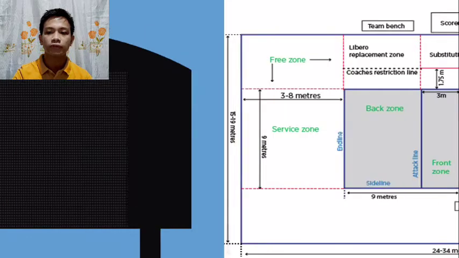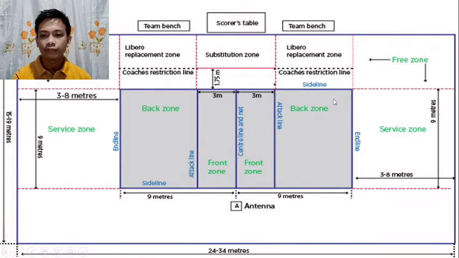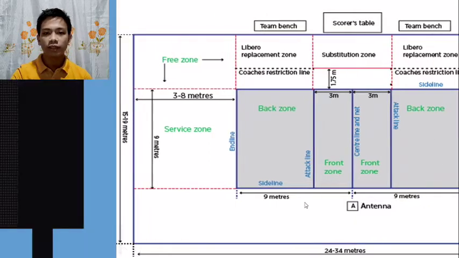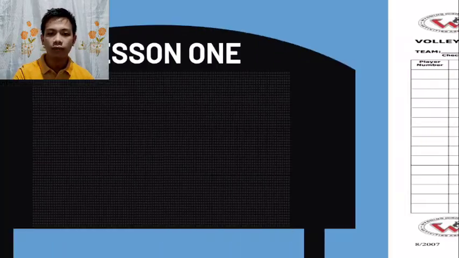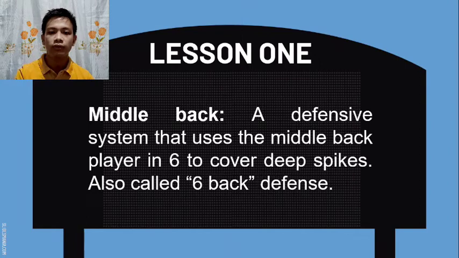Where's the court? Ito. Diba dito yung 1, 2, 3, 4, 5, 6. Etong 1, 6, and 5, sila yung nasa back court row. So, middle back. But for the middle back, si number 6 yan, nasa gitna. Kaya siya nasa middle.